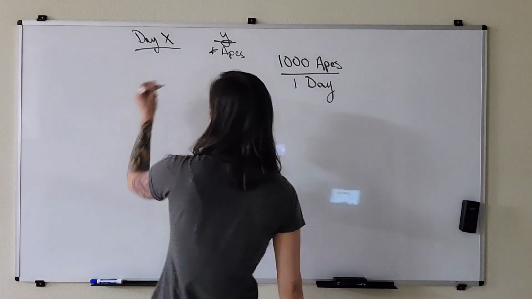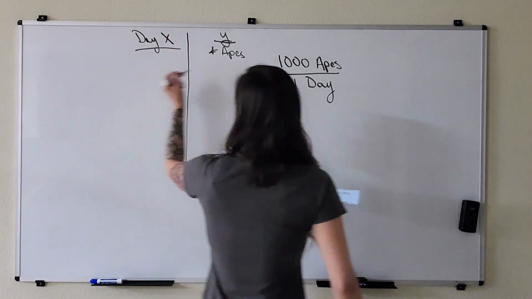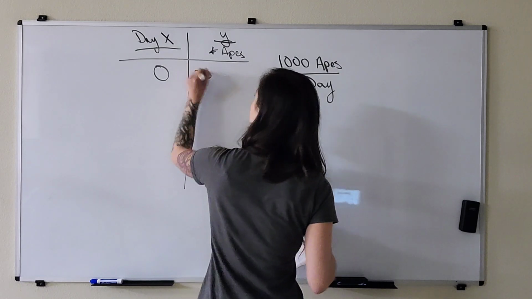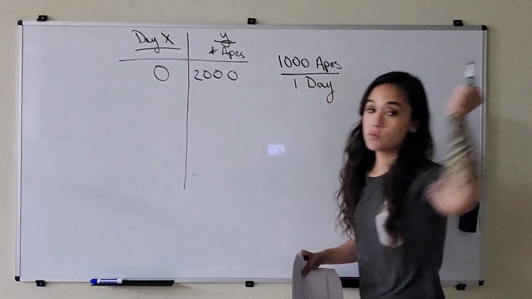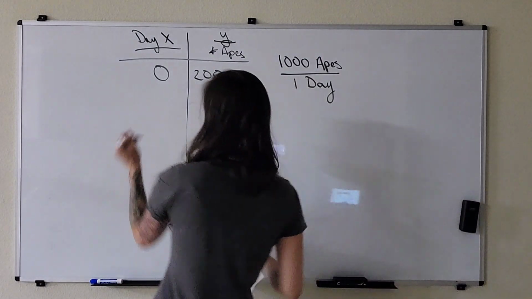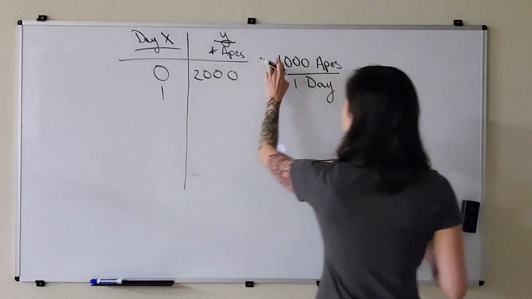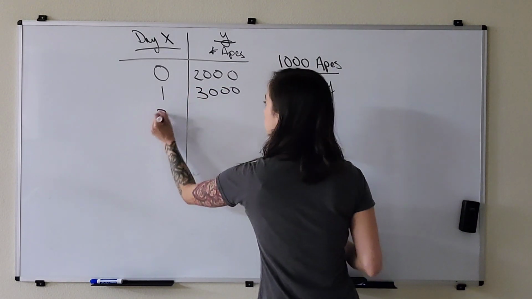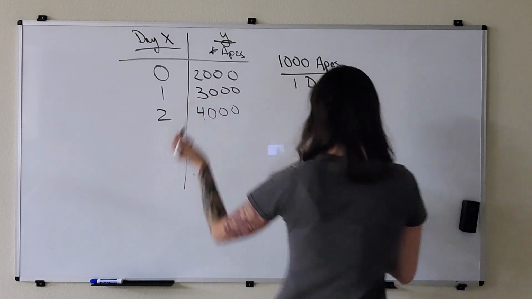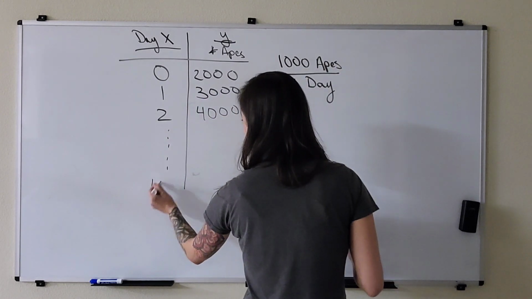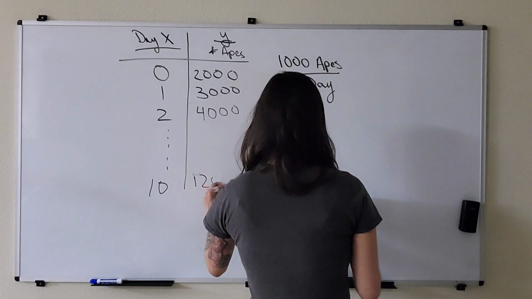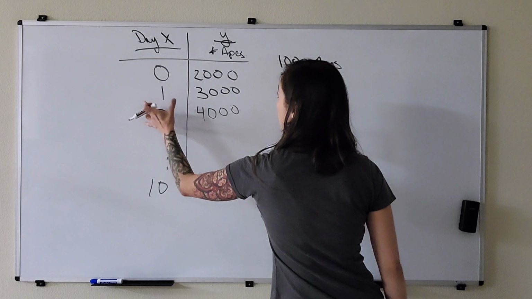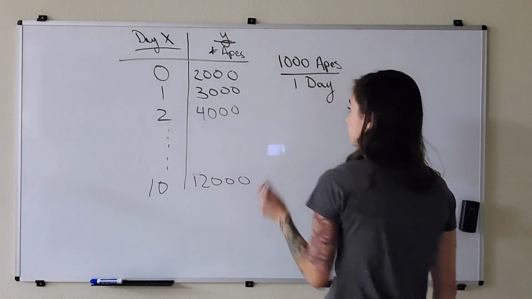To make a diagram of this, or a table, from that example, we have day 0, where there are 2,000 apes. So right off the bat, we have 2,000 at day 0. Then because we're increasing 1,000 apes per day, day 1 is going to be 3,000, day 2 is going to be 4,000, and so on. I'm going to go all the way to 10 because it's a good number, which is going to be 12,000. So we can take this simple table and plot it.